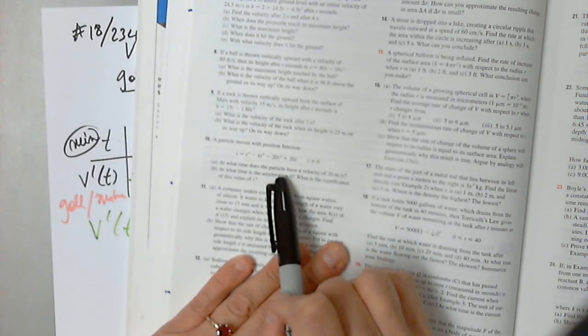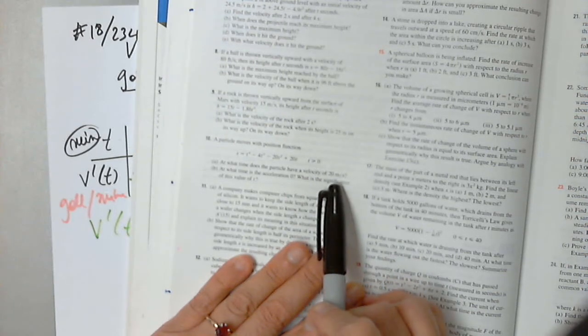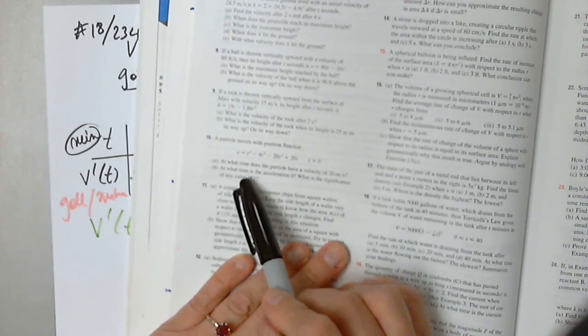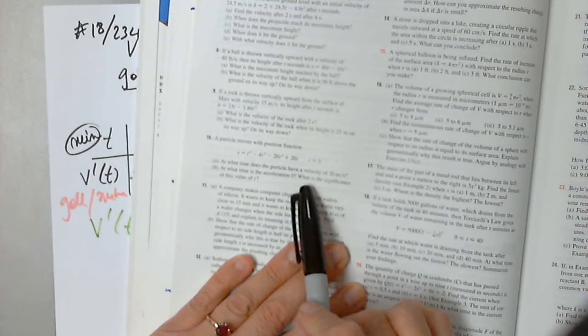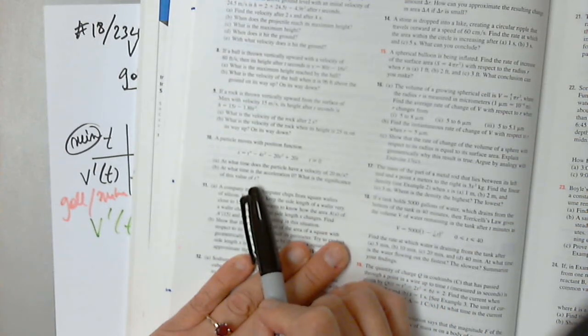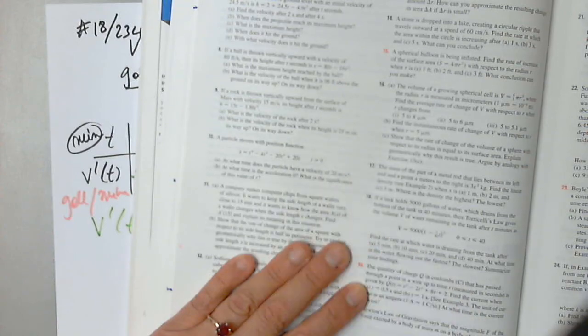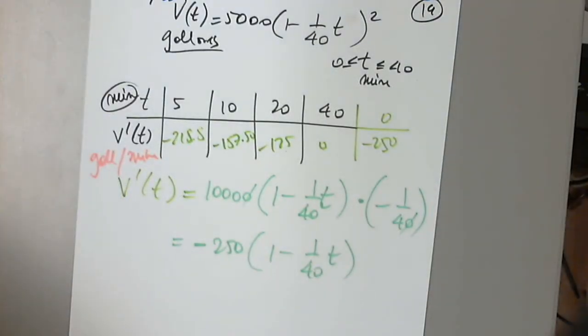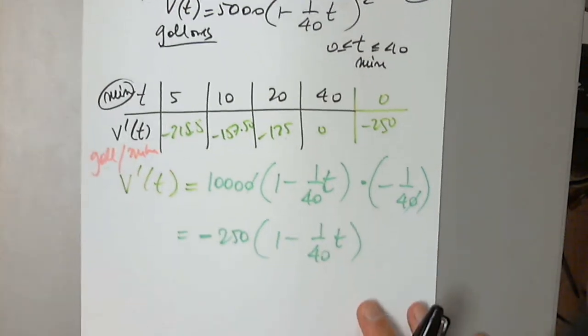At what time does the particle have a velocity of 20 meters per second? And at what time is the acceleration 0? And what is the significance of this value of t? If we only get to part A, then we'll do part B next time. Okay, so this is problem 10 on the same page, 234. Last problem.